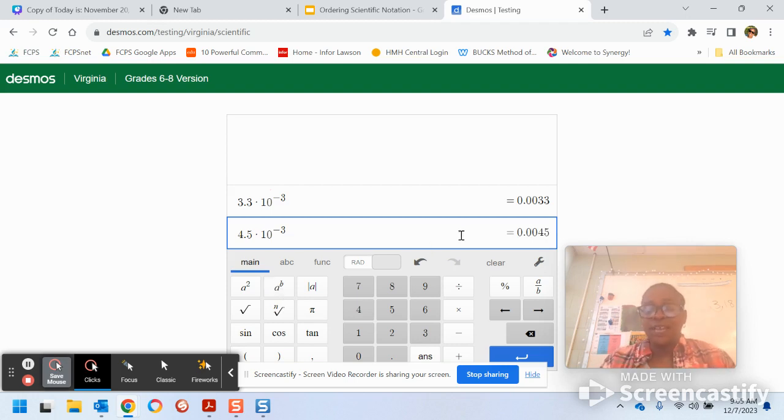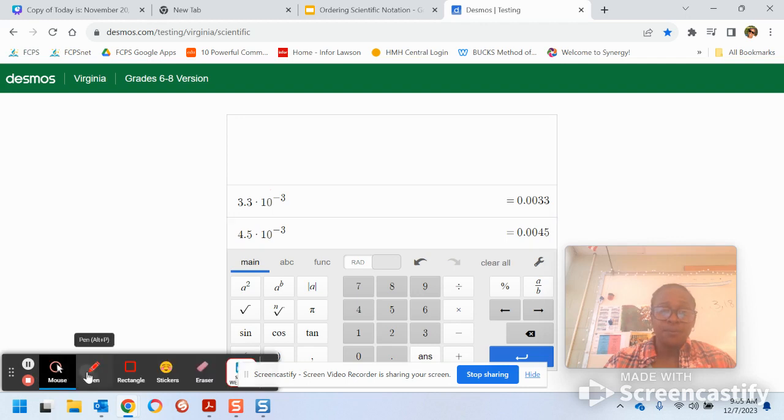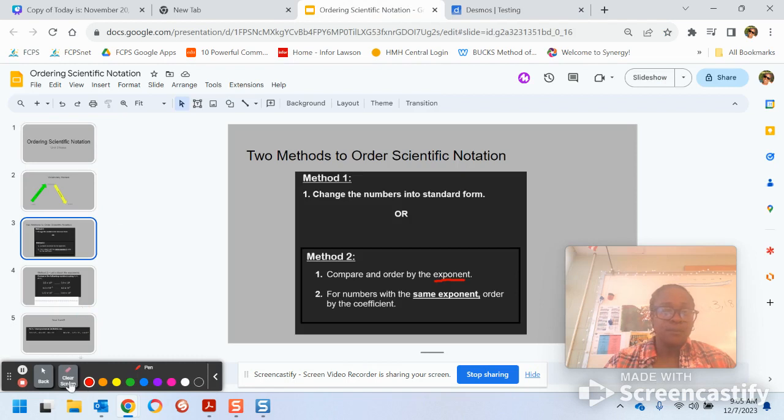Now, if you're looking at these two numbers, we have to decide, because the exponent is the same, which one of these numbers is larger? And that's what it means by looking at the coefficient, which are these numbers here. All right, so let's go back over and do some practice.